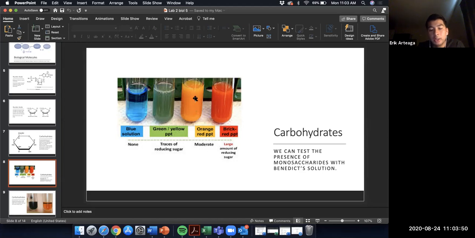Orange, moderate sugar. And if you have a red, you have large amounts of sugar, okay? So you can measure the amounts of sugar using this Benedict solution. You must heat this, I believe for a couple minutes or so, maybe 7 minutes. I forget the procedure specifically, but you do heat the reagent once it's added to the solution. Again, the virtual lab will guide you through that.